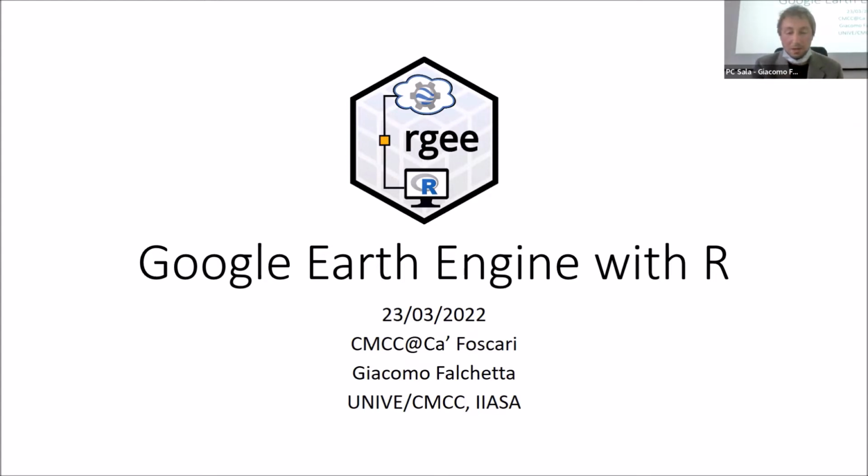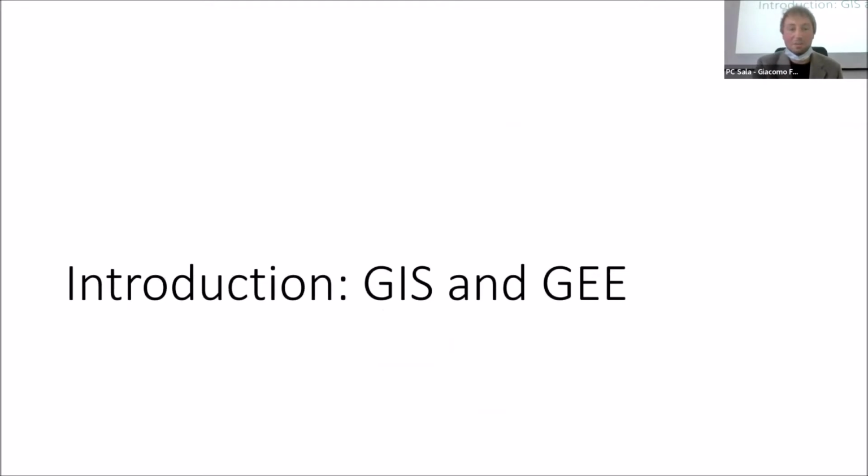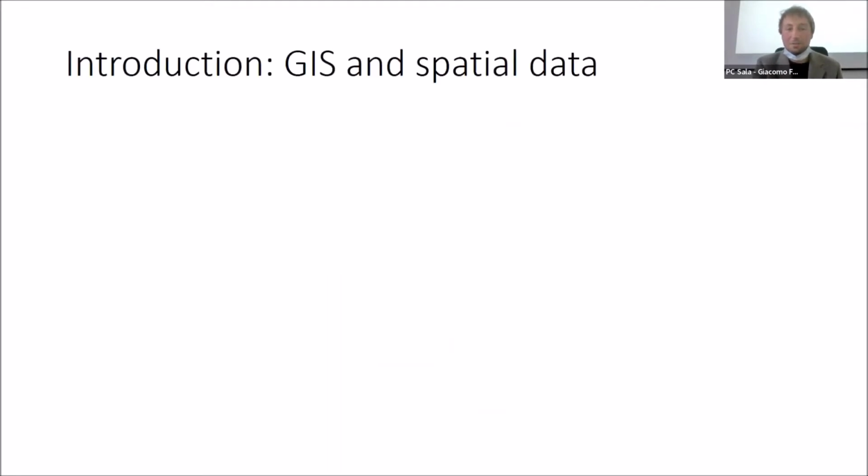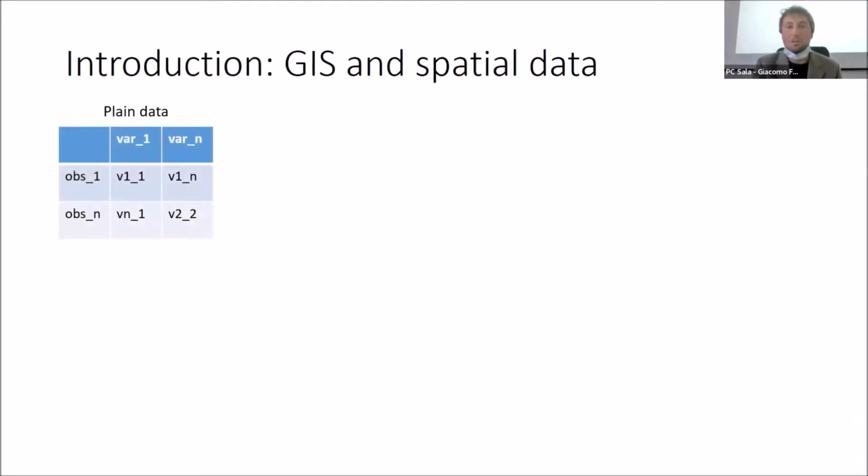So just to provide a bit of context, first of all, what is geospatial data? Probably if you are here, many of you already have experience with spatial data, but just a tiny bit of introduction. Normal data, usual data, is generally in tabular form, a structure with columns and rows, so variables and observations.